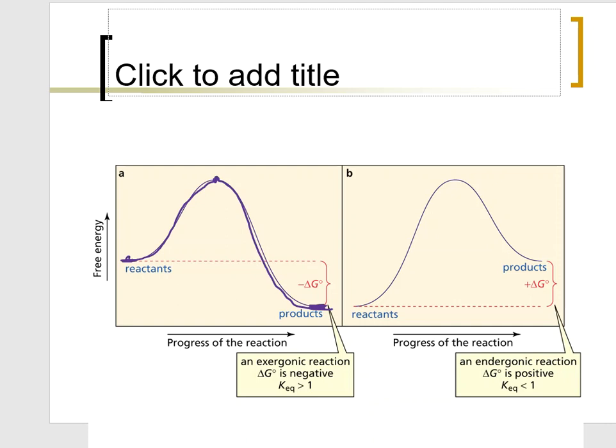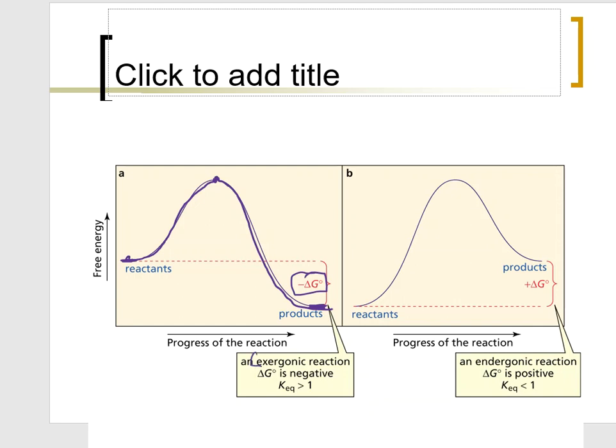Notice the product side is lower than the reactant side. So that product side gives me a release of energy, and that's what that represents. That's Gibbs. A negative change of Gibbs is releasing energy. That means that this stuff could be exothermic.